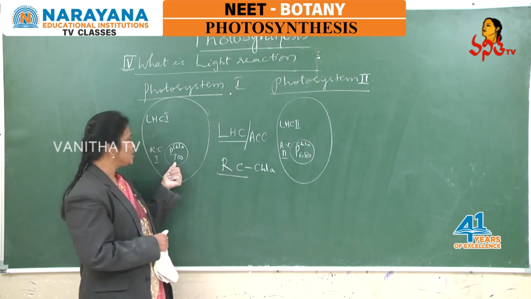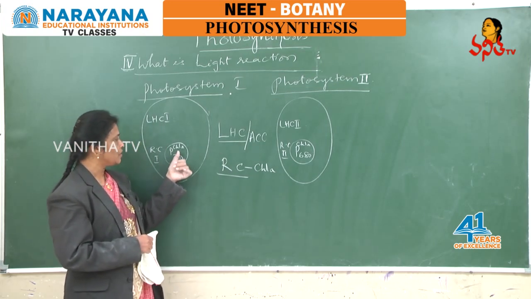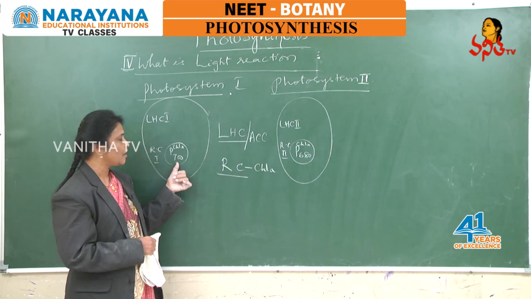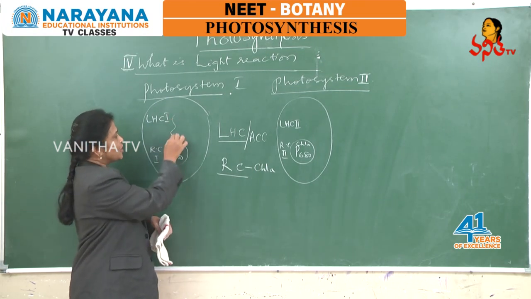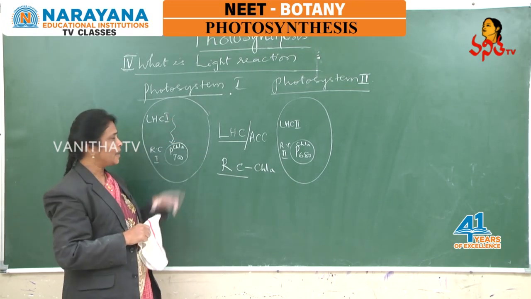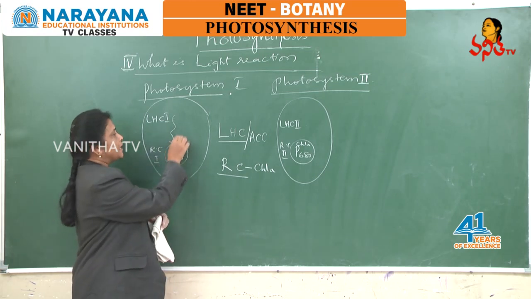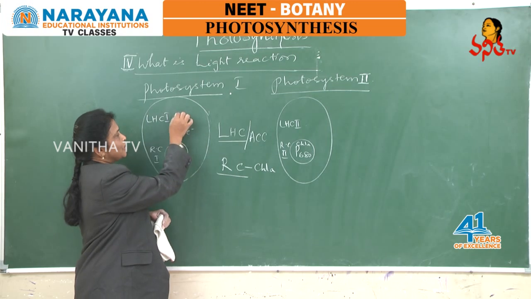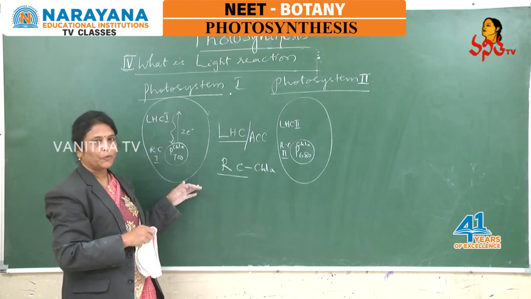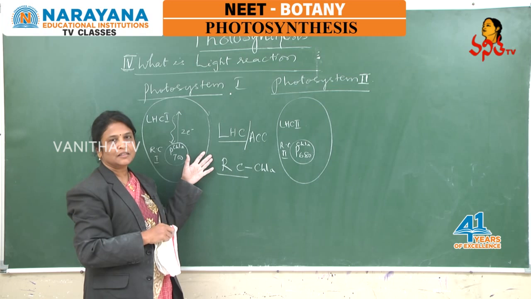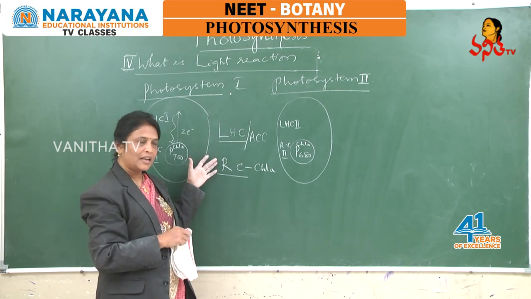So, the reaction center pigment of photosystem 1, that is chlorophyll A of P700 type, functions in longer wavelength and absorbs longer wavelength of light and gets excited and liberates electrons. Such electrons are involved in the electron transport mechanism and cause the synthesis of NADPH and ATP.